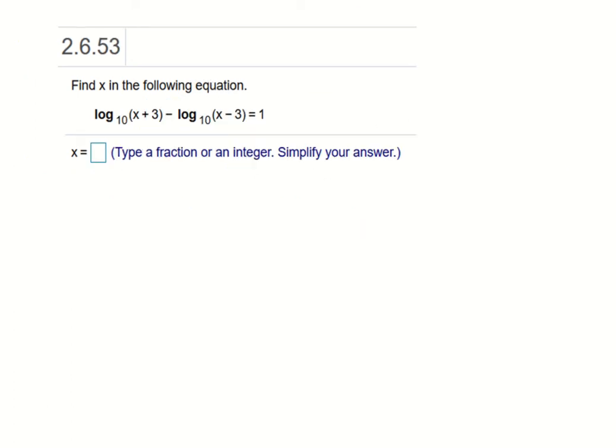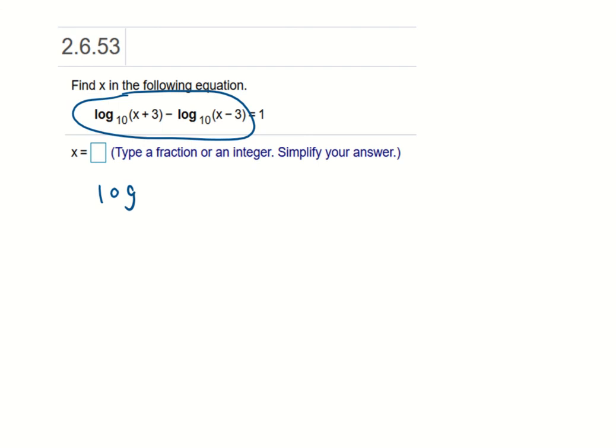Now let's look at this problem. Find x in the following equation. So solve for x. What we want to do, the first step is to write the left side, these 2 logs, as 1 log. Right. So log, it says with base 10, but we don't write 10 if it's base 10. I'll just write log of.